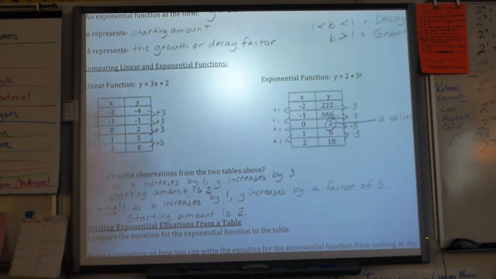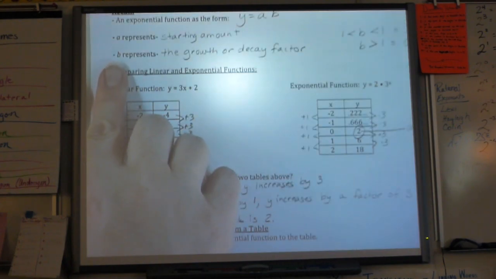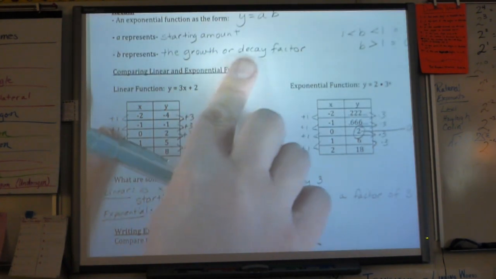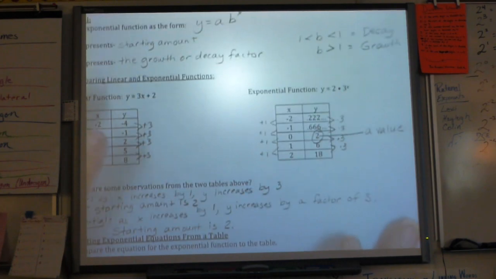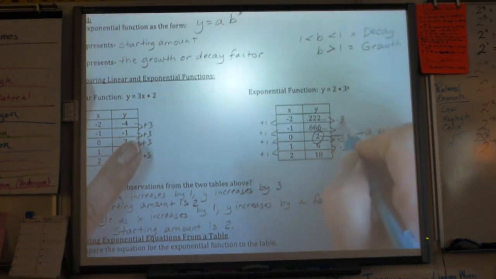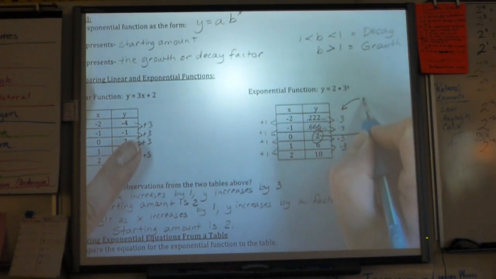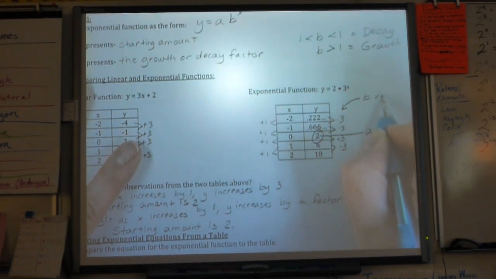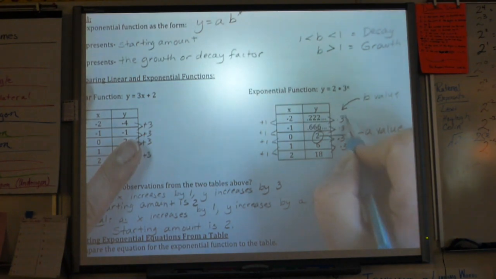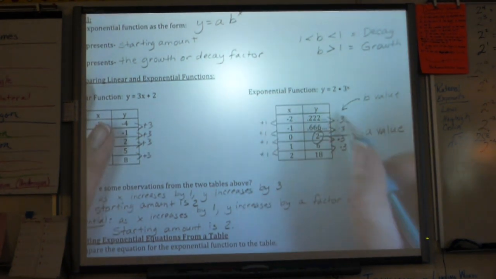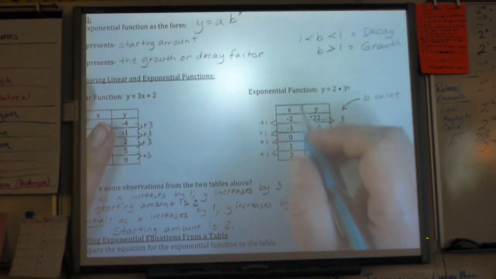And we already said B represents the growth or decay factor, so it's times 1 or times 3. So this is my B value.